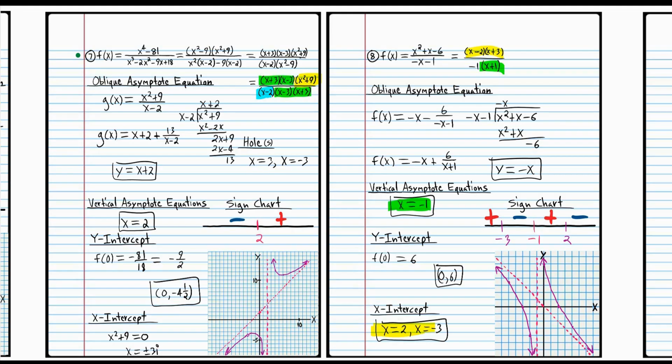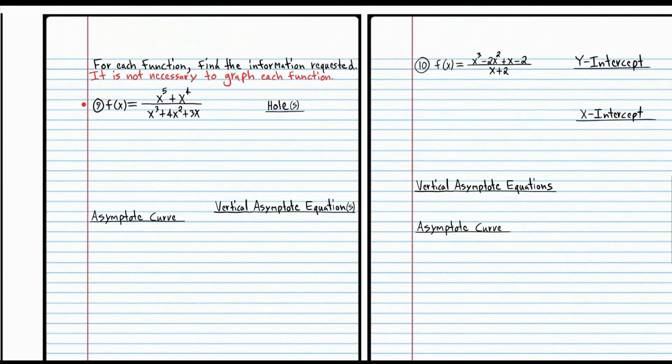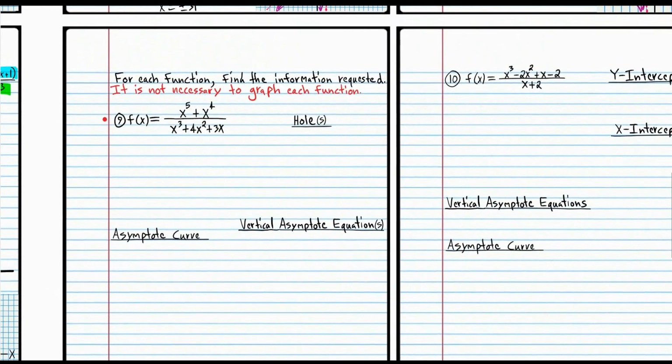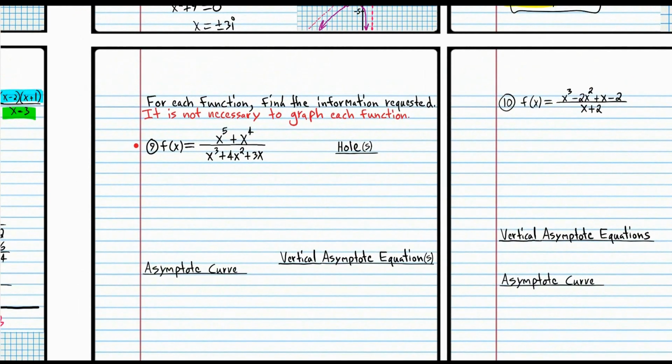It was oblique, meaning slanted or diagonal. But now we're going to talk about curved asymptotes. Asymptotes that are actually curved, an invisible line, not really a line, but an invisible curve that the graph approaches.